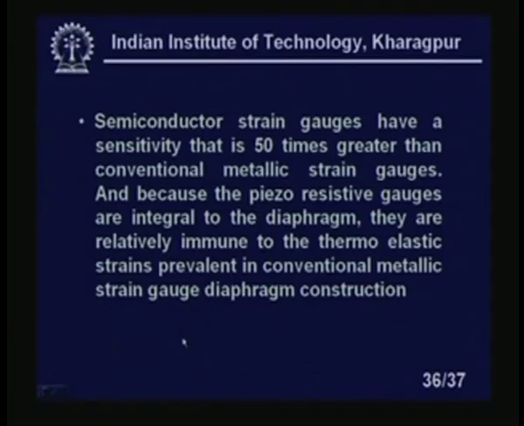As I told you, in the case of advance it is 2, but if you use some other, suppose isoelastic, which has around 3 to 3.5, then it is 50 times greater than the conventional metallic strain gauges. And because the piezoresistive gauges are an integral part of the diaphragm, they are relatively immune to the thermoelastic strain prevalent in the conventional metallic strain gauge diaphragm constructions, right.